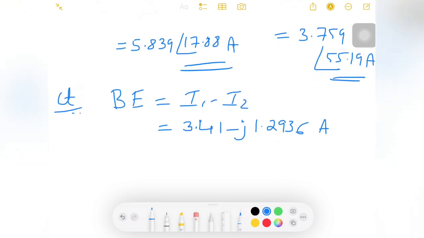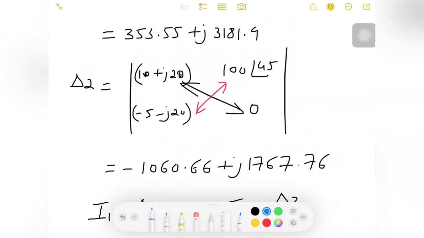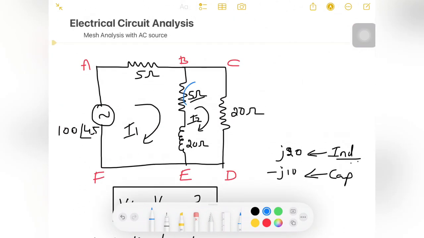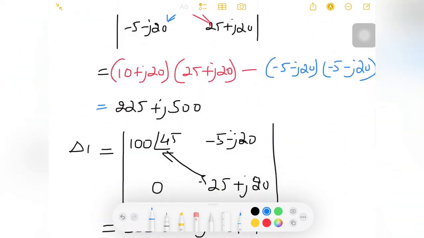In the problem, ZB is given, that is R plus JXL. If you look at the diagram, R is 5 ohms and XL is 20 ohms.